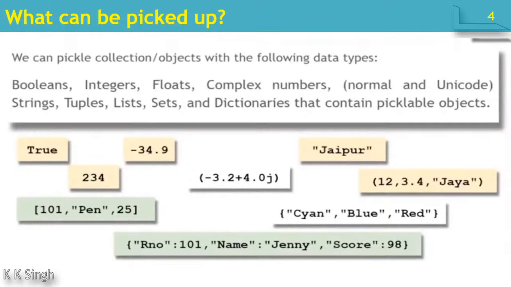The lower part is the example of picklable objects. You can write Boolean, list, tuples, dictionaries, strings, real numbers. Everything you can write in a binary file, and accordingly they are processed as per your need.